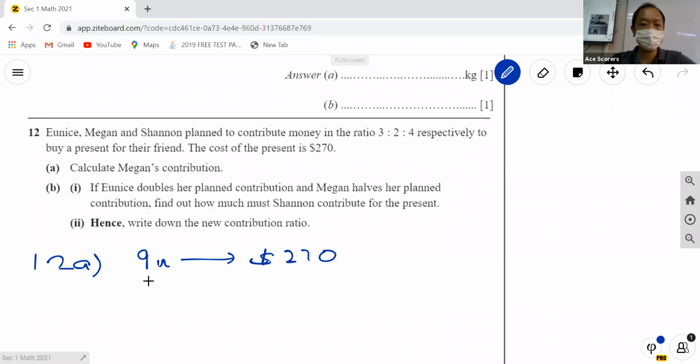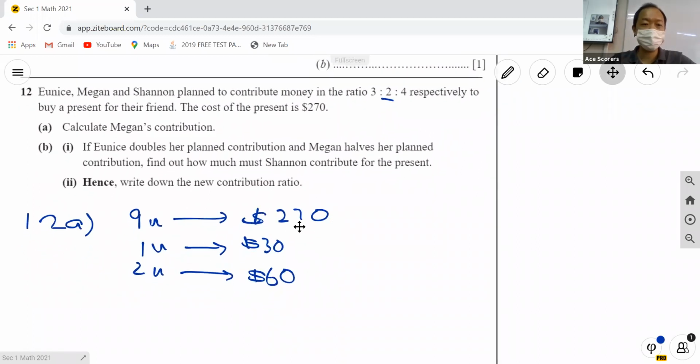If 9 units is 270, 1 unit equals $30. Megan has 2 units, so that would be $60. That's it. Part B, if Eunice doubles her contribution and Megan halves hers, how much must Shannon contribute?